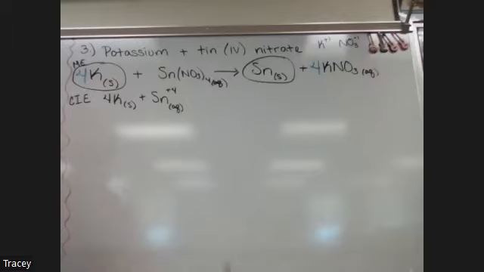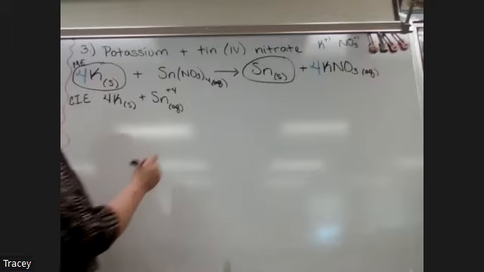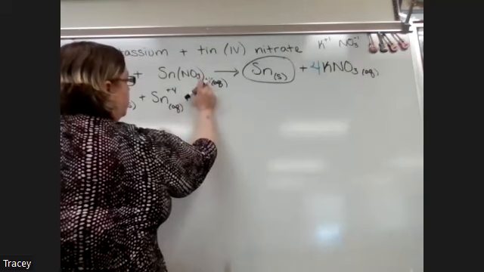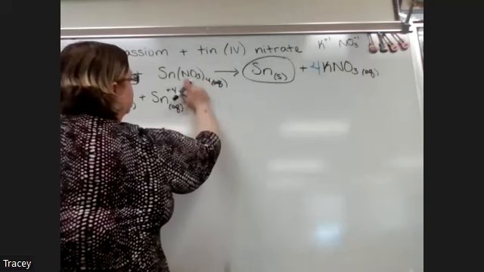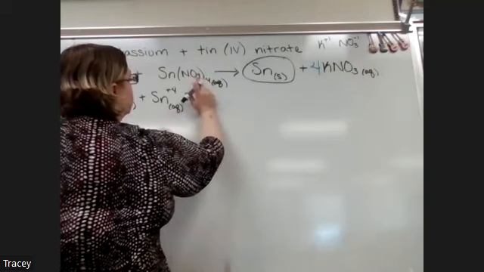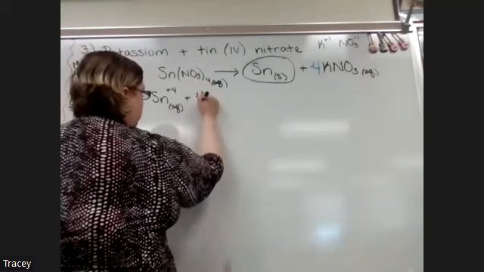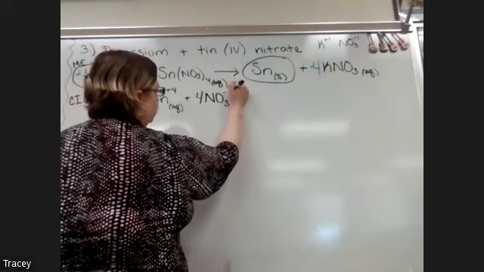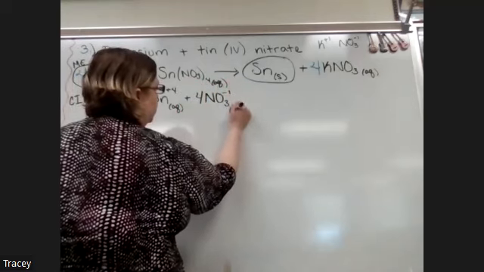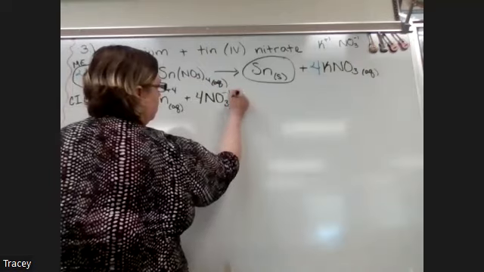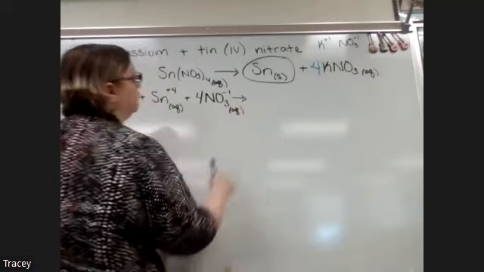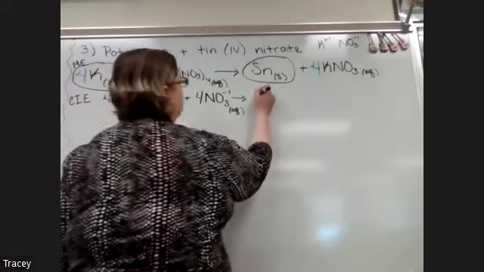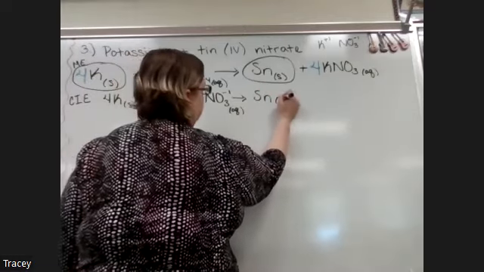Outside of the parentheses becomes a coefficient. So you're going to make the outside of the parentheses a coefficient. So this Sn(NO3)4 is going to turn into 4 NO3 with its charge of -1. And that's aqueous. Then we get to Sn solid. It's circled, so we're going to keep it Sn solid.